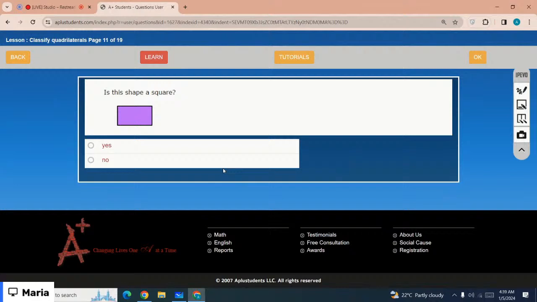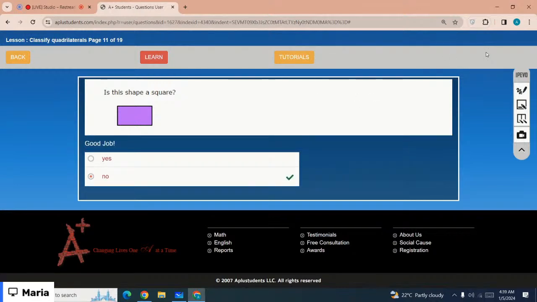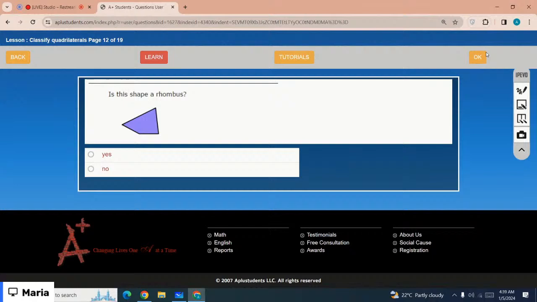The correct option is no, this is not a square. Is this shape a rhombus?